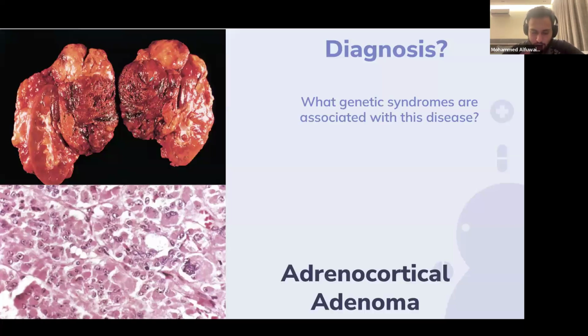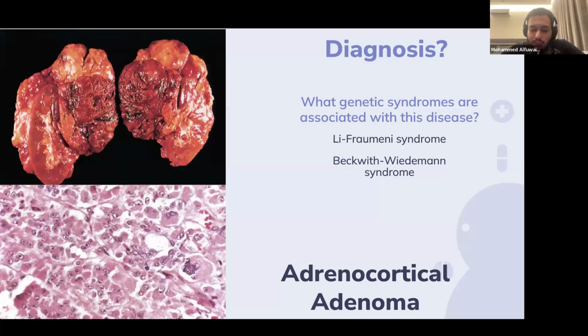What genetic syndromes, two of them, is it associated with? Li-Fraumeni, good. One more. Beckwith-Wiedemann syndrome. Li-Fraumeni, just so you guys know, is a genetic disease with a P53 mutation.